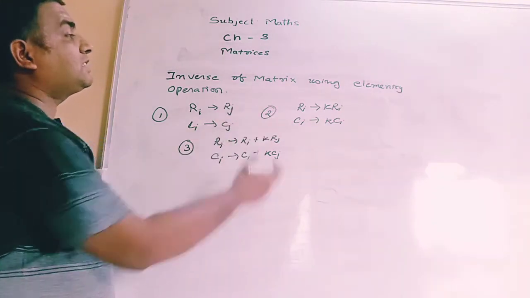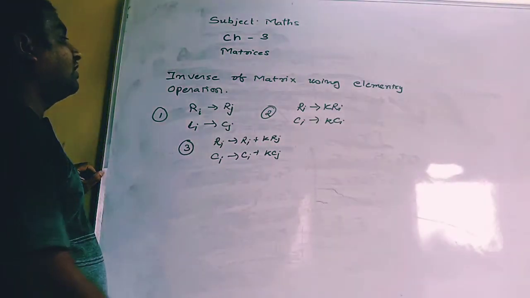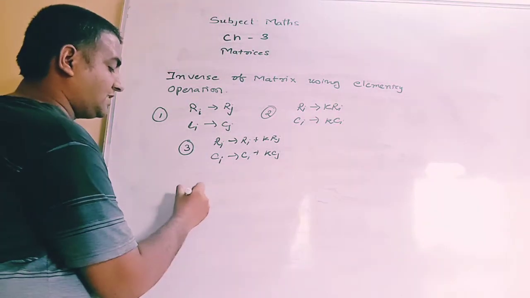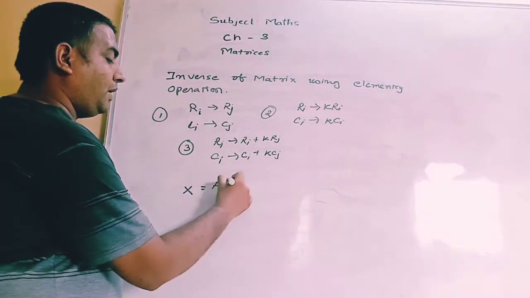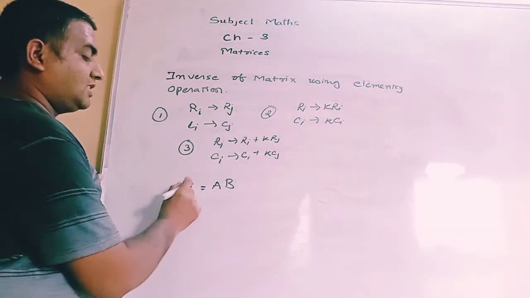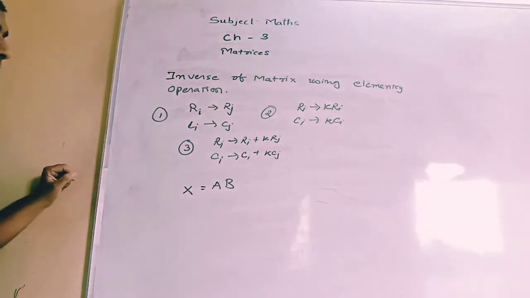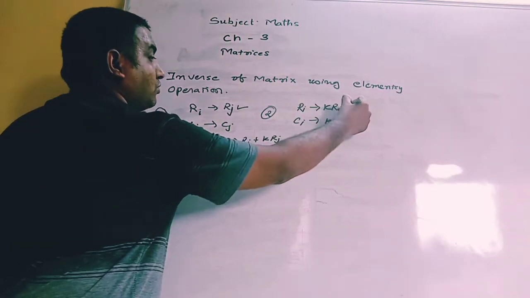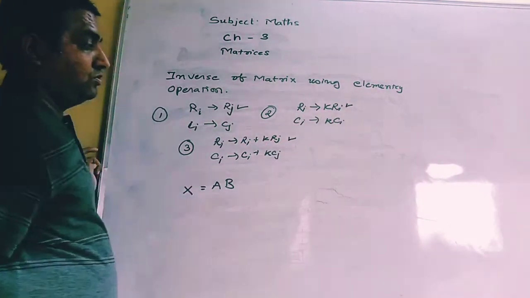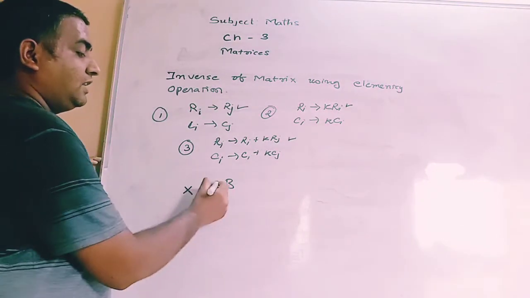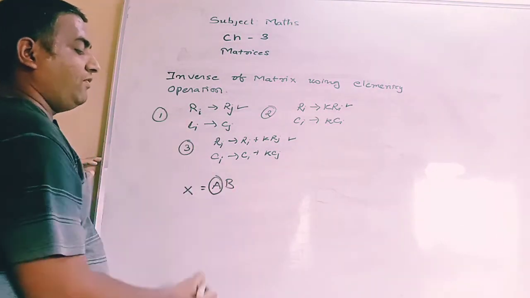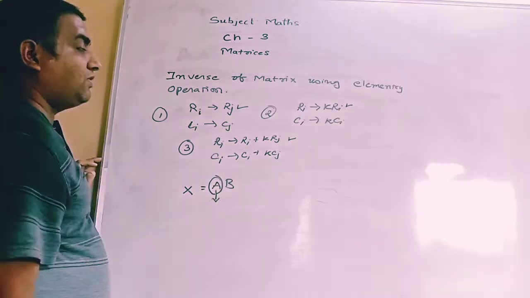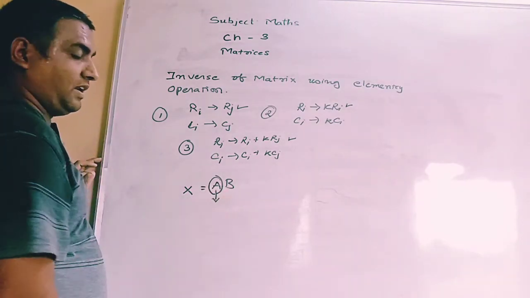Now using these elementary operations we have to find the inverse matrix. Say matrix X is the product of A and B matrix. If you want to apply row elementary operations, then the operations will be applied on the first matrix.